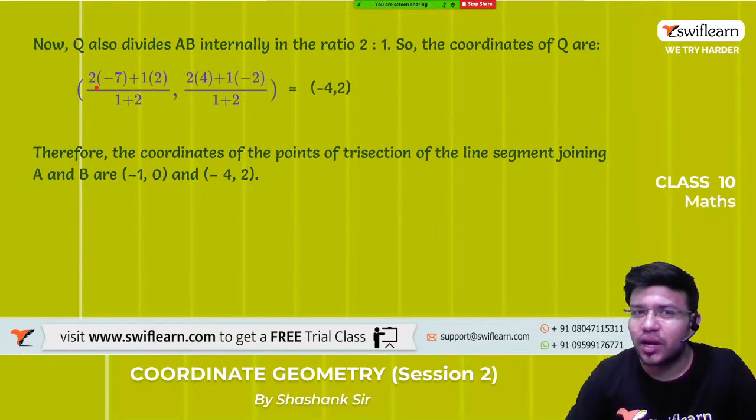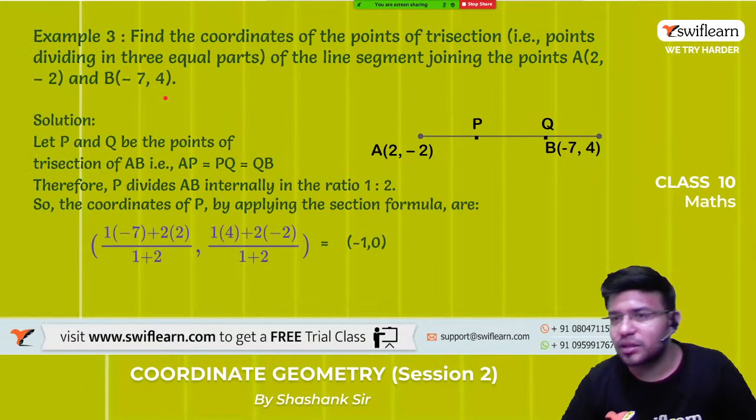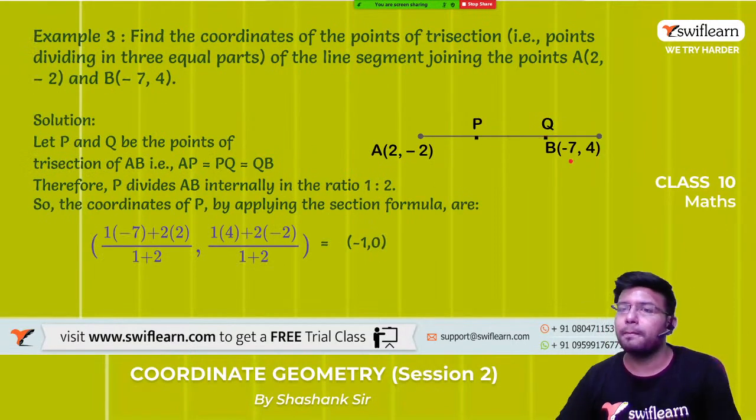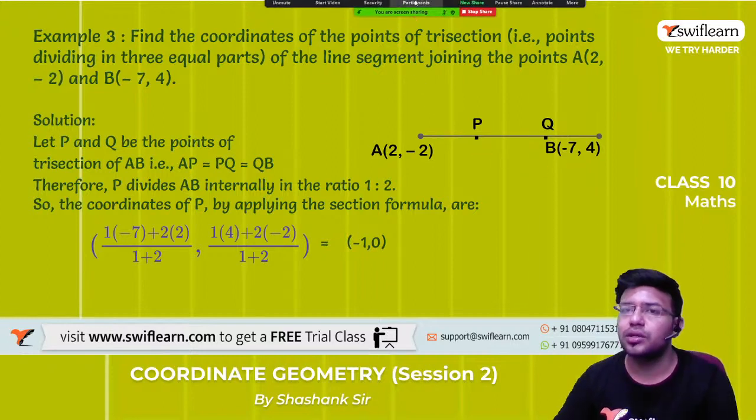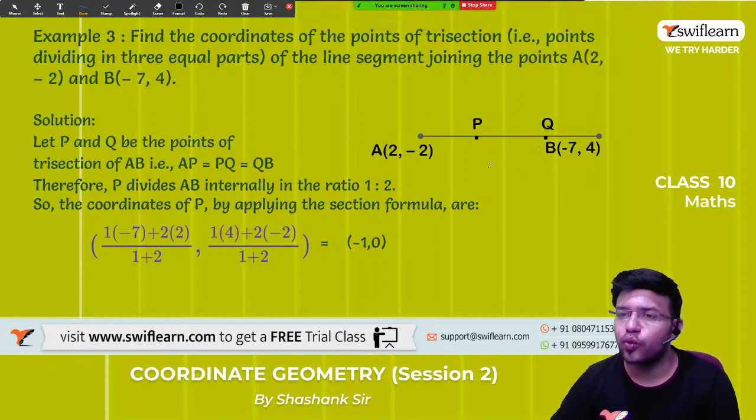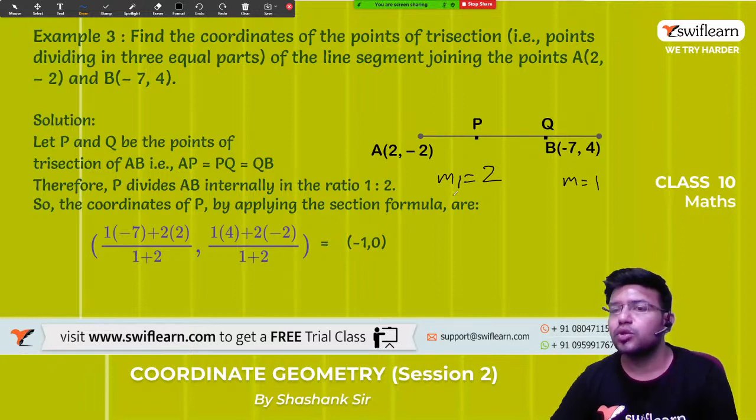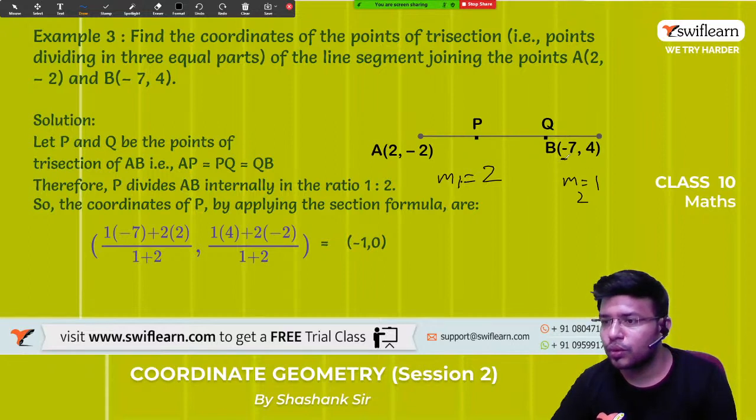Similarly, let us find x and y coordinates of point Q. Okay, M1 x2 plus M2 x1 divided by M1 plus M2 करो. Okay, substitute it here. See, for point Q, M1 is 2, M2 is 1. So M1 x2 plus M2 x1 divided by M1 plus M2.